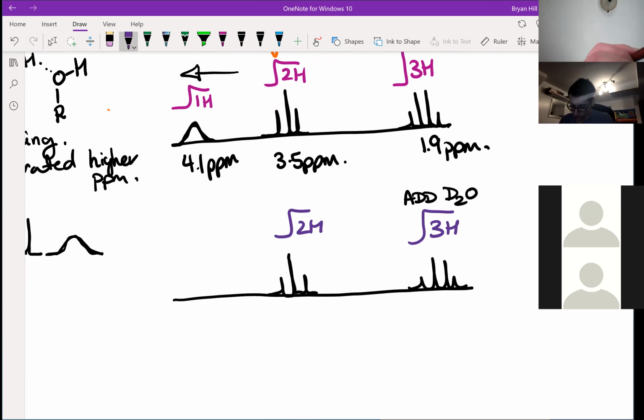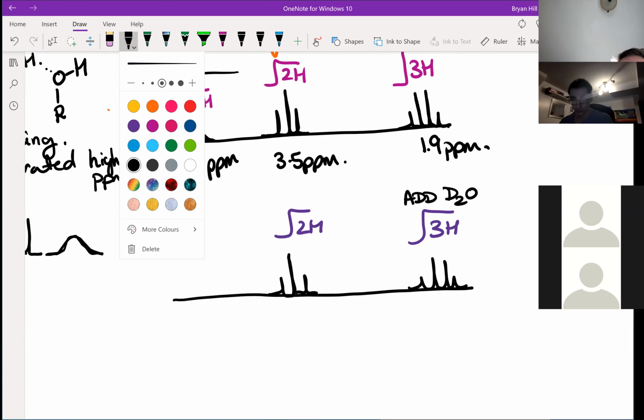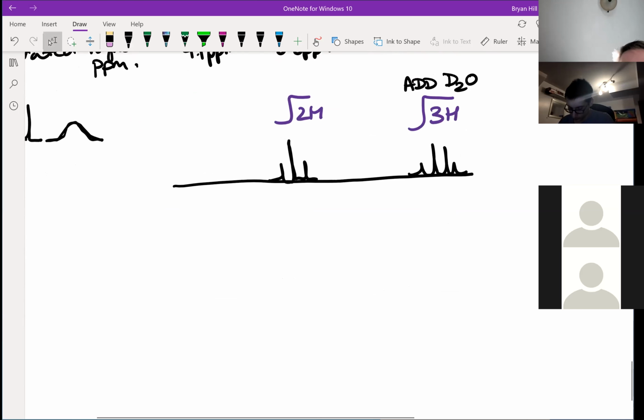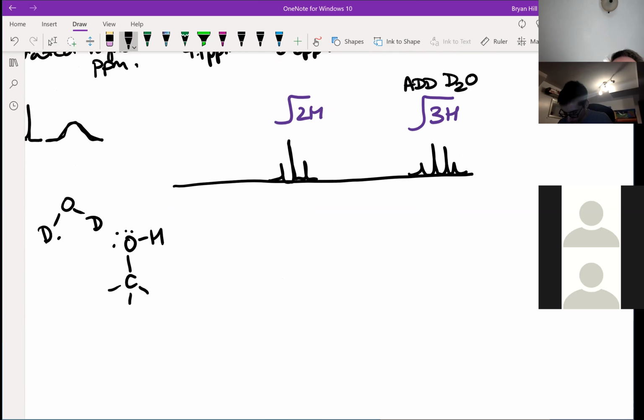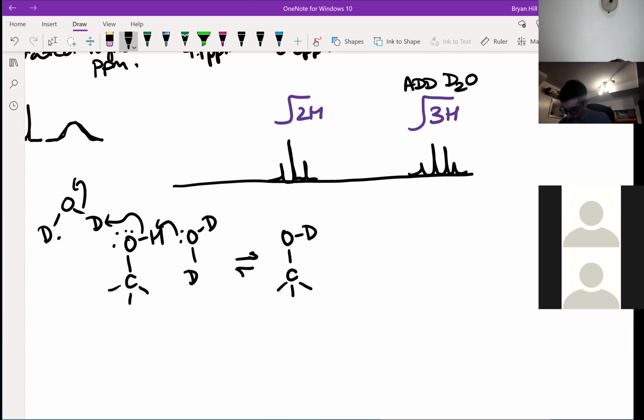The reason is that the deuterium exchanges with the OH group. If you've got your carbon here, and you've got some deuterium, and it's hydrogen bonding, things like this can happen. So there's an equilibrium established, and eventually all of them will be bonded to deuterium.